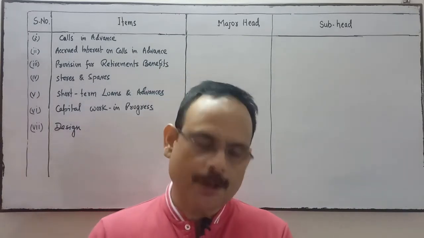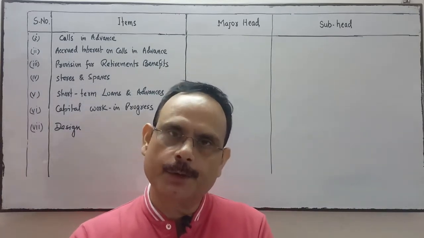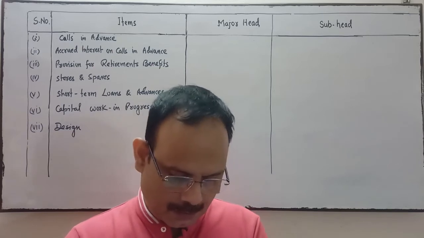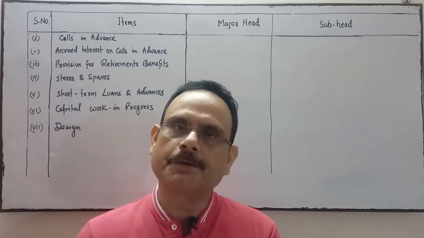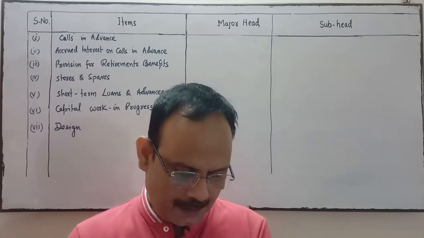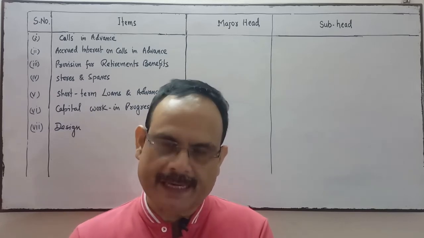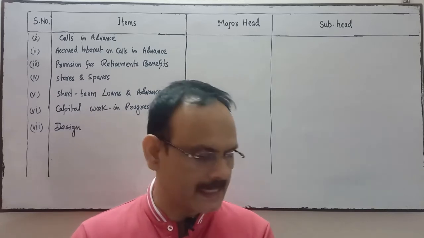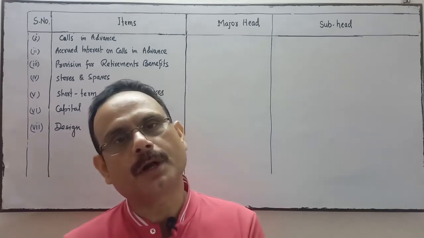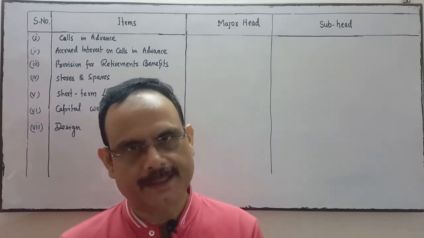The items are calls in advance, accrued interest on calls in advance, provision for retirement benefits, stores and spares, short-term loans and advances, and capital work in progress.